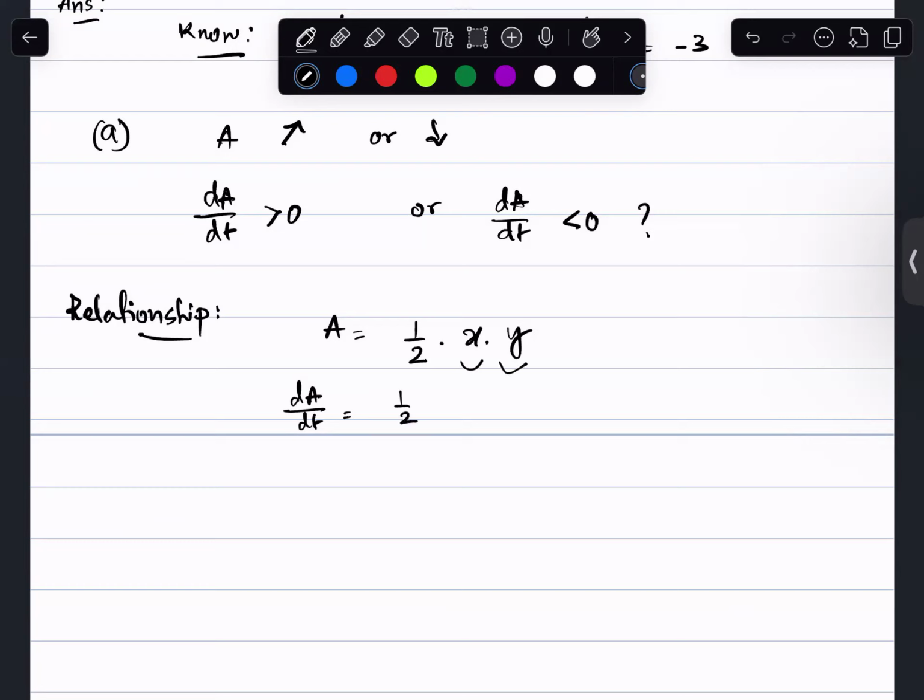Oh, wait, no, wrong. I need to figure out dA/dt, so half d/dt of x times y.